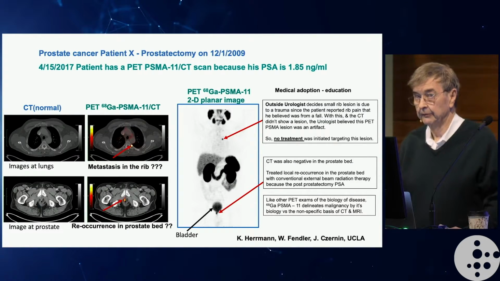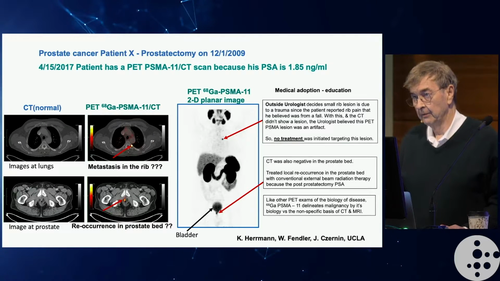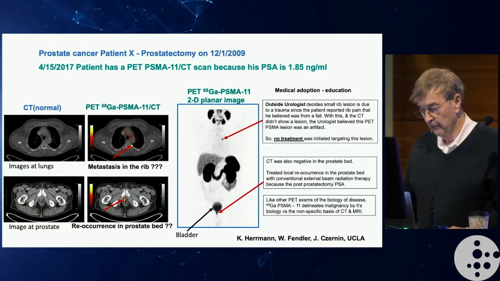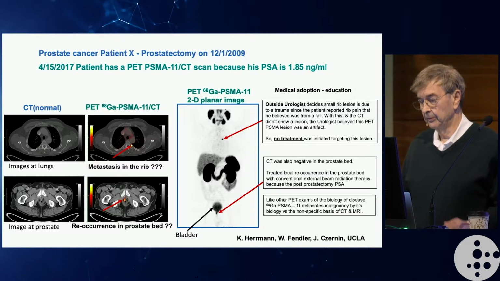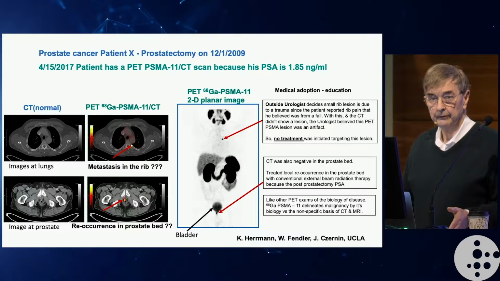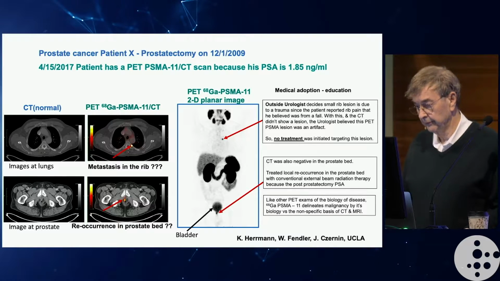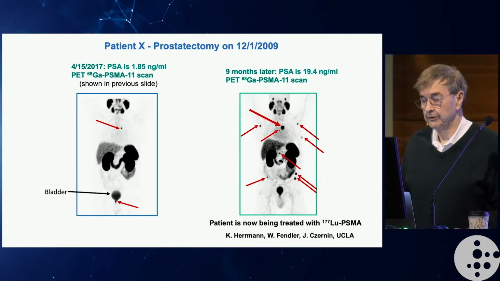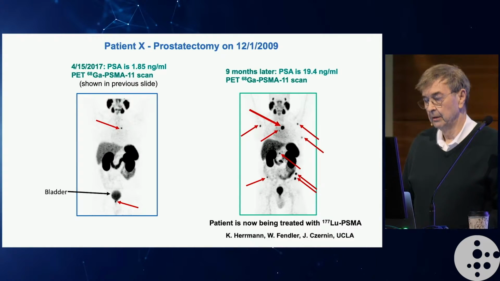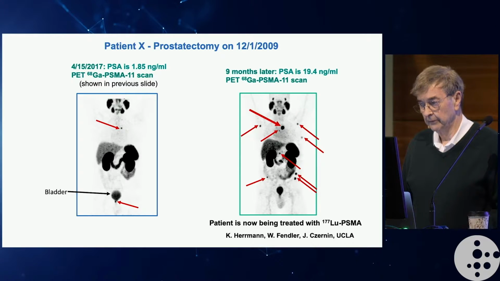Now, like all the PET scans that examine the biology of disease, they delineate malignancies by the biological processes as opposed to the ambiguities that exist with CT and MR. Now, 9 months later, we see this patient with the 2D projection images.